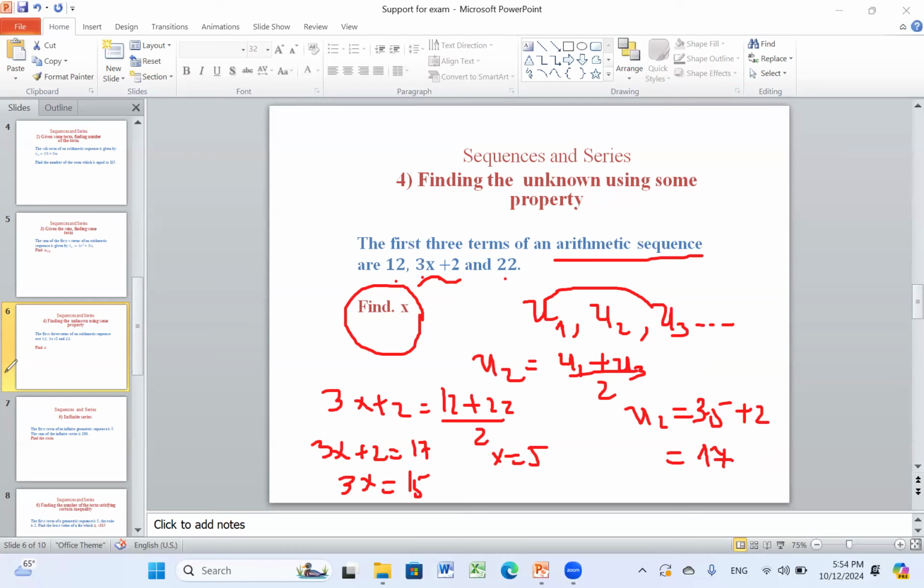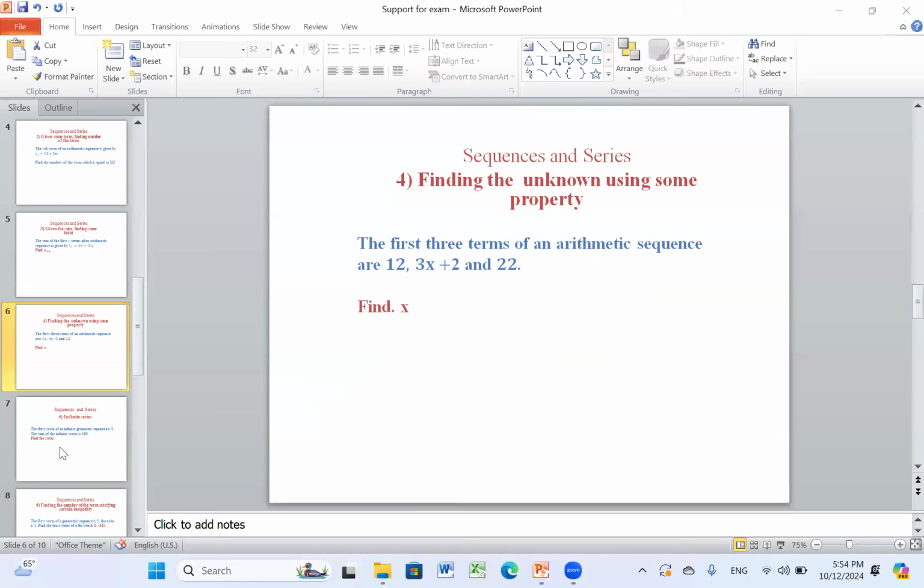So this is also a type that is usually encountered. What we have done is use the property. How else can we do it? We know that if it is an arithmetic sequence, the difference between terms is always constant. We can use this property also. For example, 3x plus 2 minus 12 should be equal to 22 minus (3x plus 2).